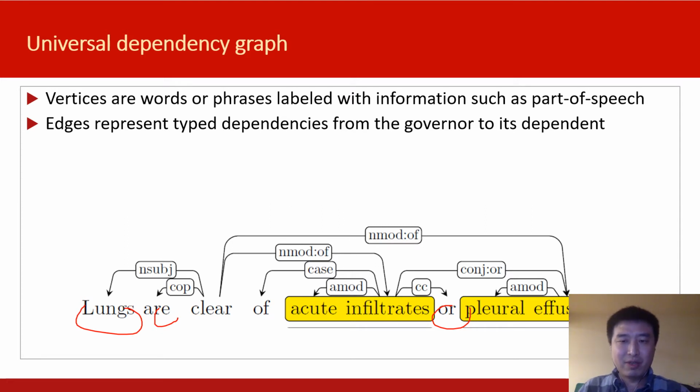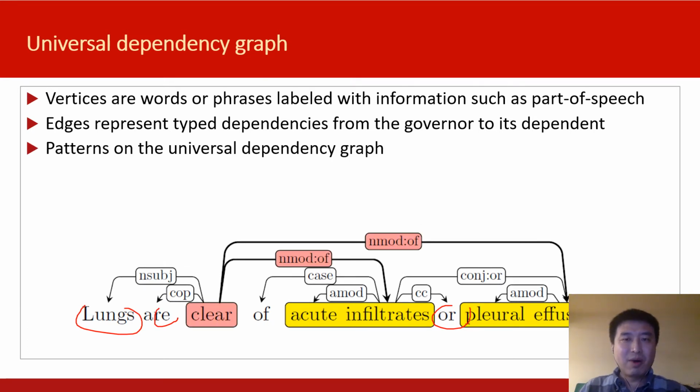We also have a conjunction or coordination construction in this sentence. From the typed dependencies, we also know that the phrases "acute infiltrate" and "pleural effusion" are coordinated with each other in this sentence. That information is very helpful when we apply patterns on the graph.